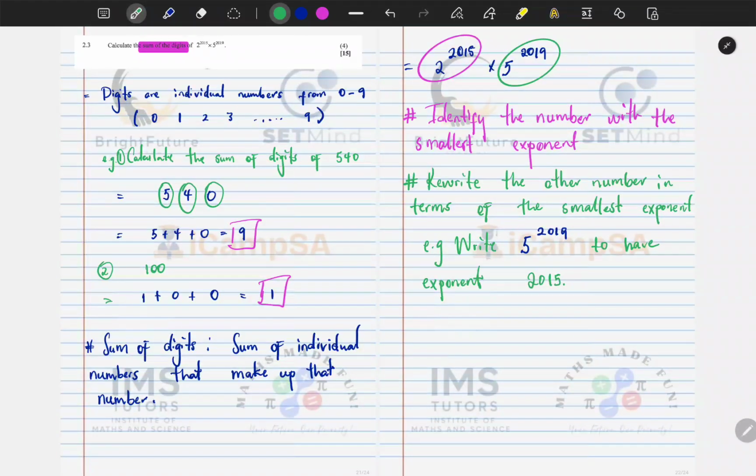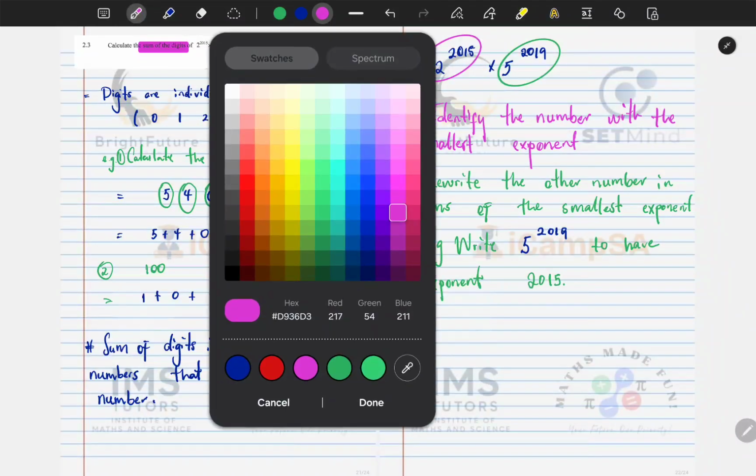This is what we have to try and do. Let's use a different color.